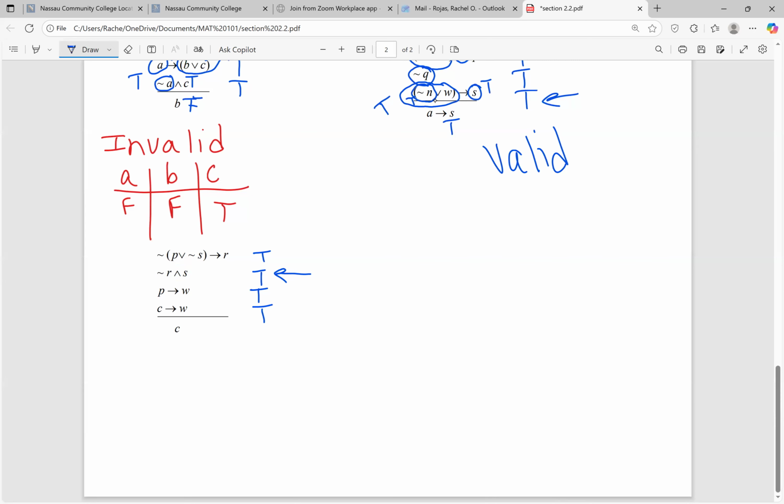So that would mean that not R is true and S is true. So then that would make R false and not S would be false.